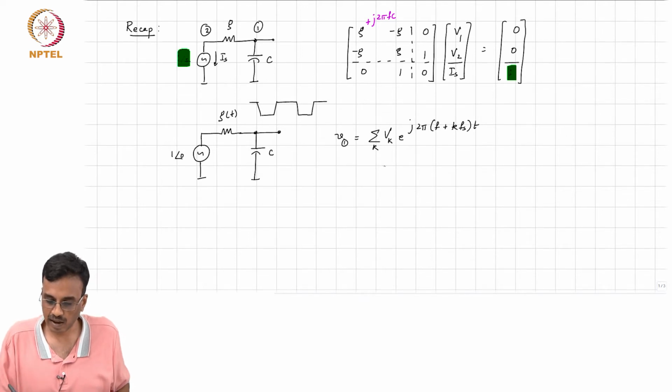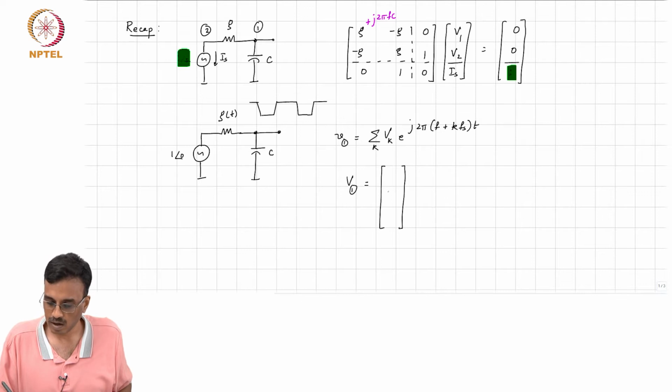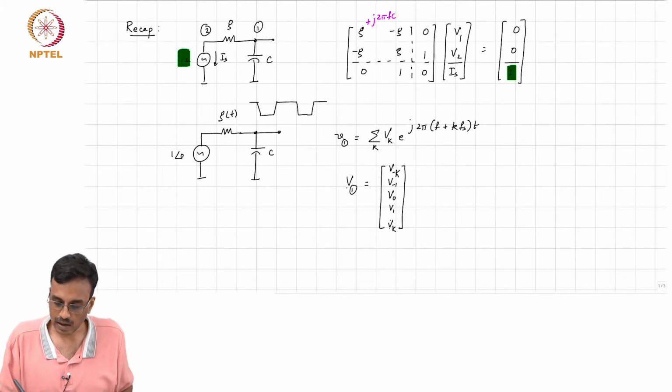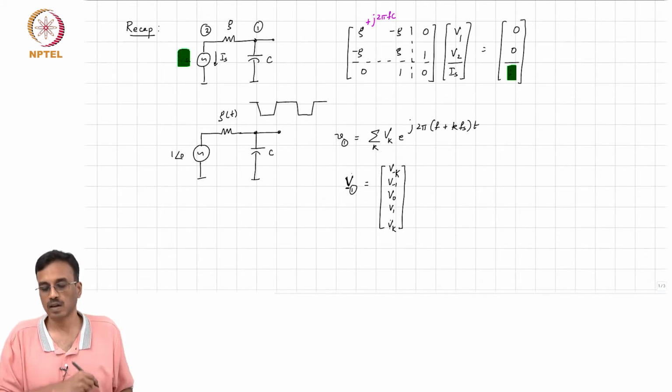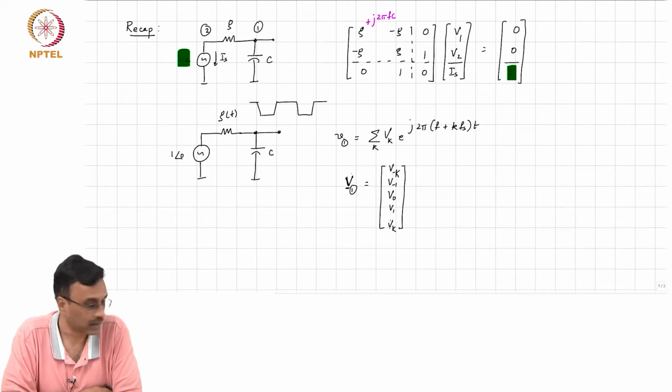you express this as the phasor corresponding to that branch voltage, something like this, where you start off with V0, V minus 1, V plus 1, and so on, V minus K, capital K, and V plus capital K, and this is basically a column vector.